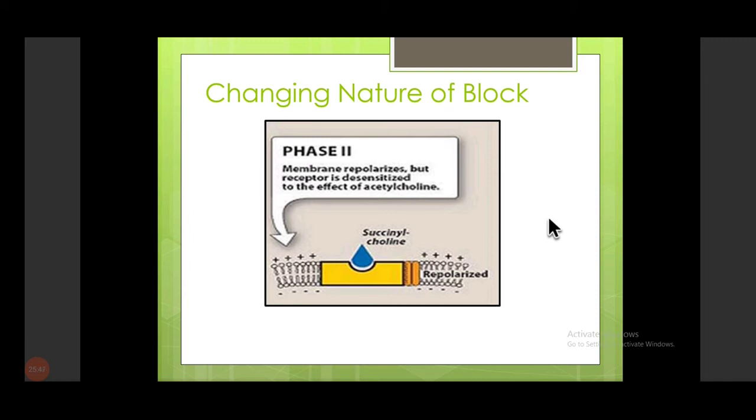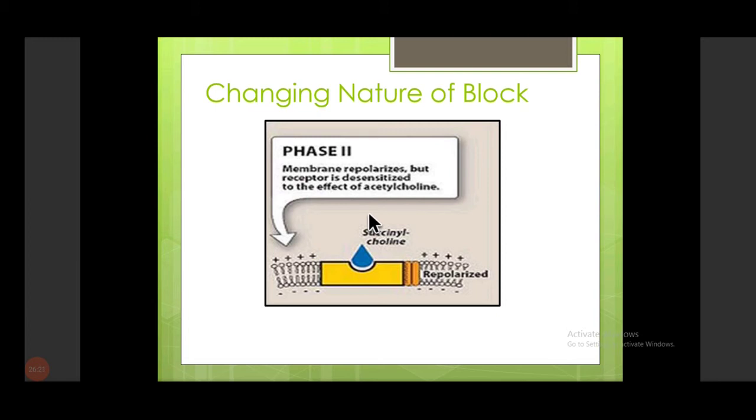Now, understanding the phase 2 block. Here, due to the continuous presence of succinylcholine at the receptor site, there is constant stimulation. And since it is present at the site for a longer duration, from our earlier discussions of G protein pharmacology, we know that there is a desensitization of receptors. You must have all come across the term desensitization of receptors.